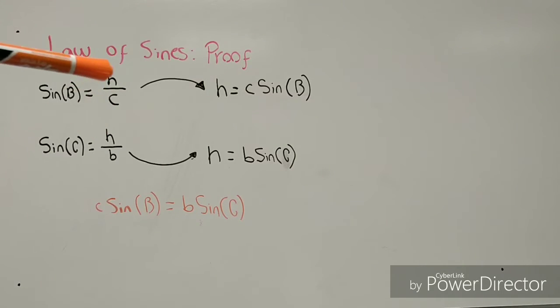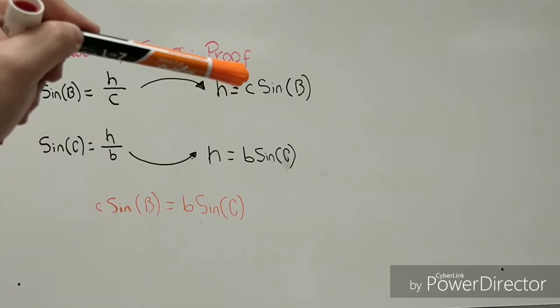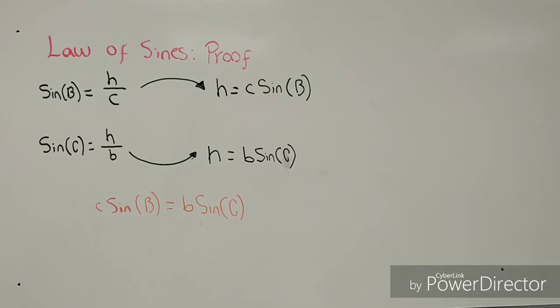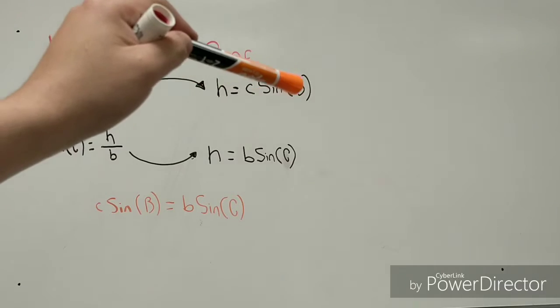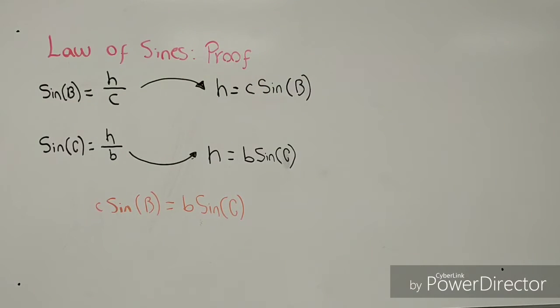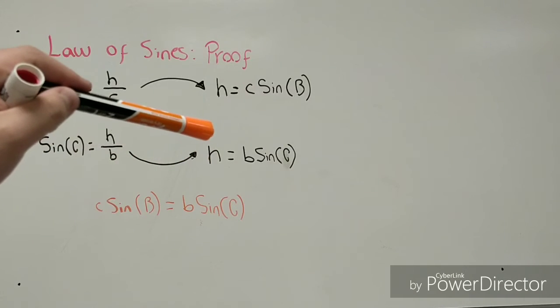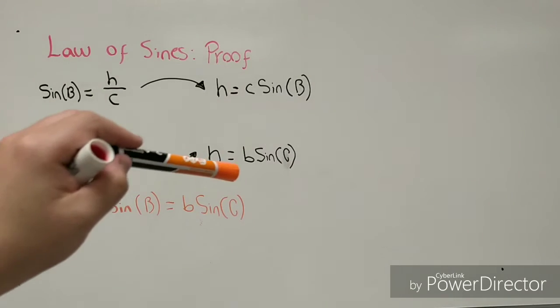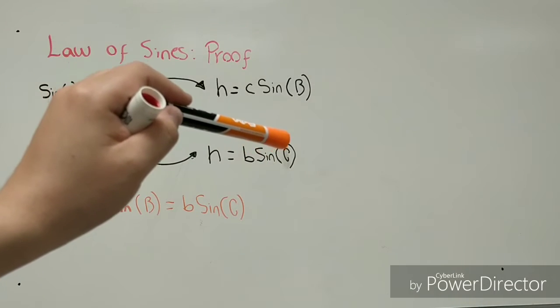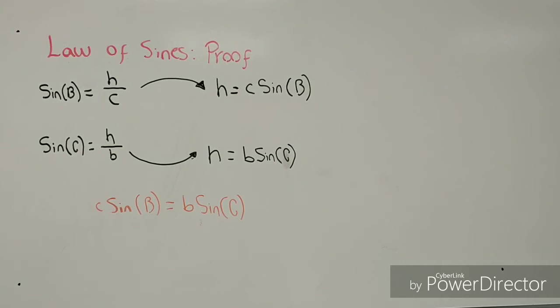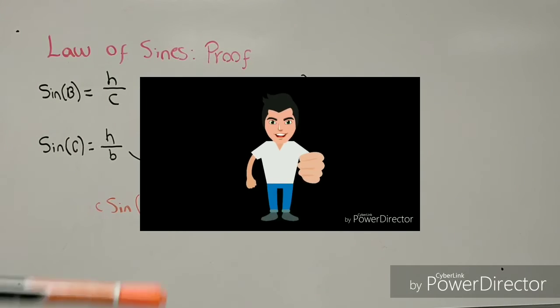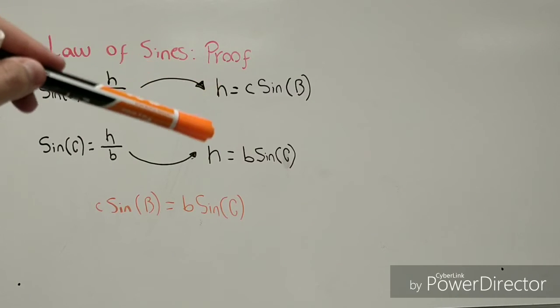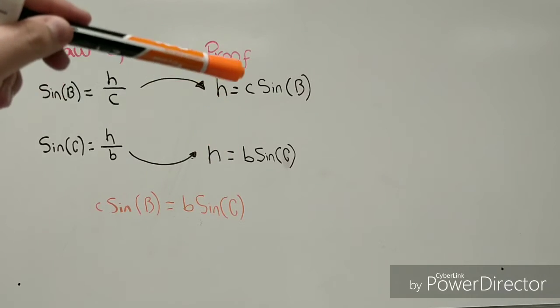So for the first equation, h is going to be equal to c, lowercase, multiplied times the sine of B, capital letter. And in the same way, h is also going to be b, lowercase, multiplied times the sine of C, capital letter. So now we know that these two are equal.